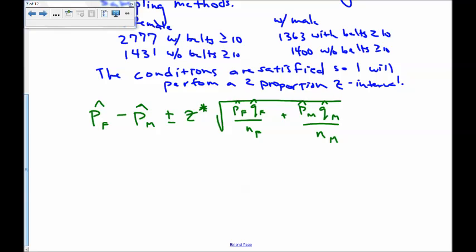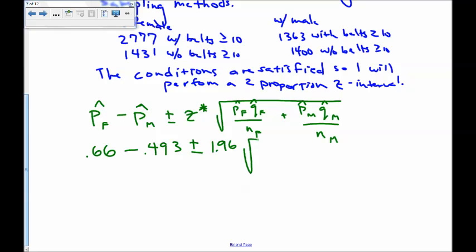So plugging some numbers in from the problem, there were 66% of male drivers with female passengers who were wearing seatbelts, and the male drivers with male passengers, only 49.3% were wearing seatbelts. Plus or minus the z star value. I'm going to do a 95% confidence interval, so I'm going to use 1.96.